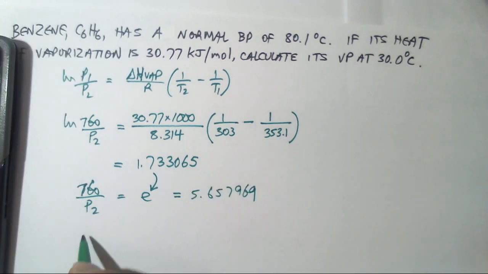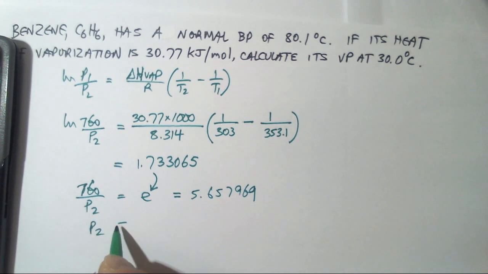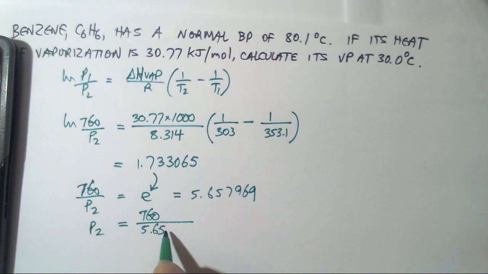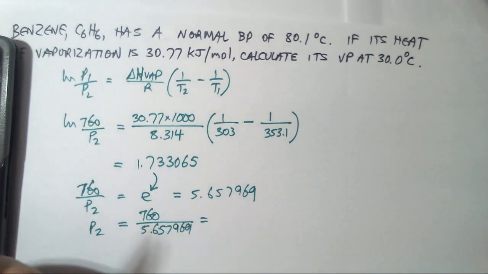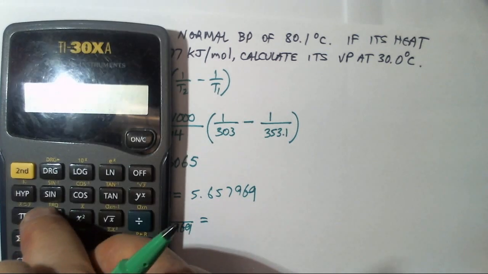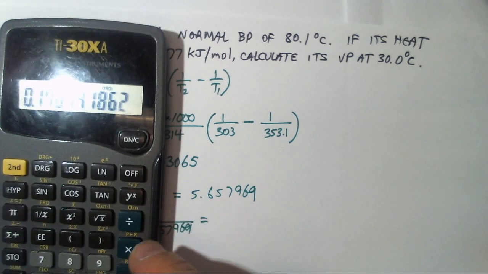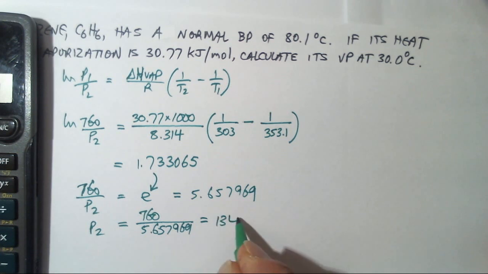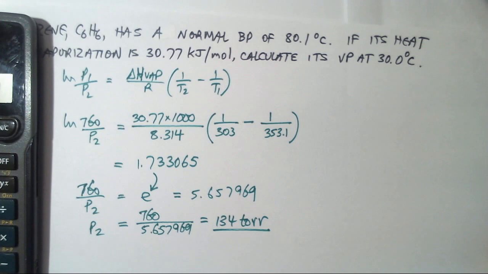So P2 will equal 760 divided by 5.657969. And if we do that, I'm just going to hit reciprocal of that times 760, and we get 134 millimeters of mercury, or 134 torr, for the vapor pressure of benzene at 30 degrees.